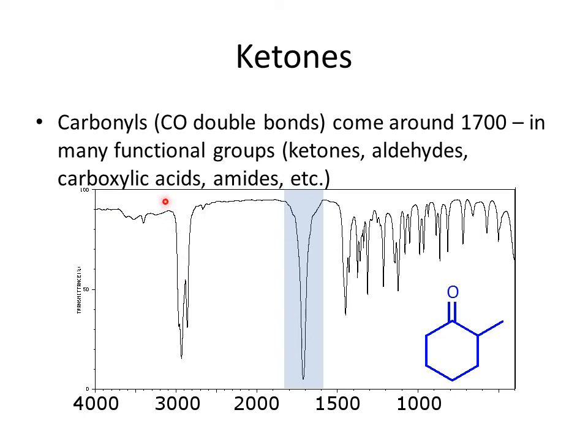It also doesn't have a strong signal in this 3300 to 3400 region, because there's no OHs or NHs in this molecule. So this is a very useful thing, infrared spectra. Infrared spectroscopy will tell us about the bonding involved.